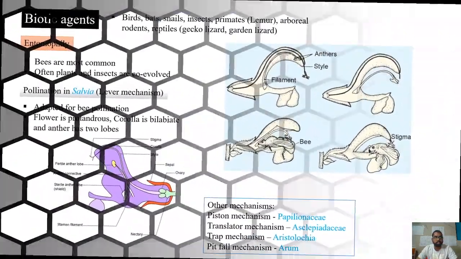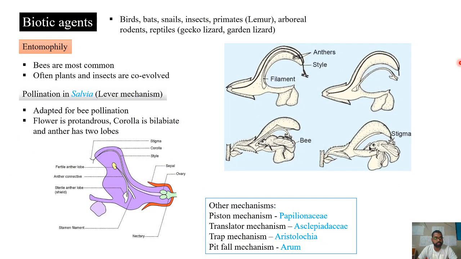Now coming to the next kind of pollination, that is biotic agents. Here, various animals like birds, bats, snails, insects, and even larger animals like lemurs or arboreal rodents, means the tree-dwelling rodents, reptiles like gecko lizard or garden lizard, all these can help in the pollination process.